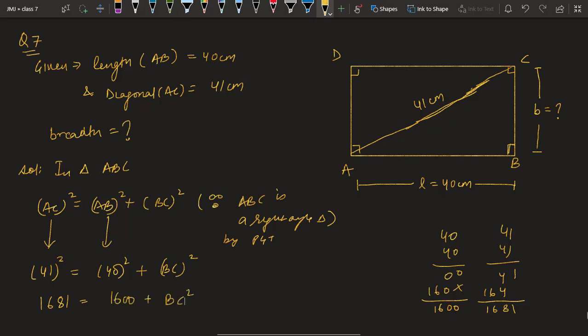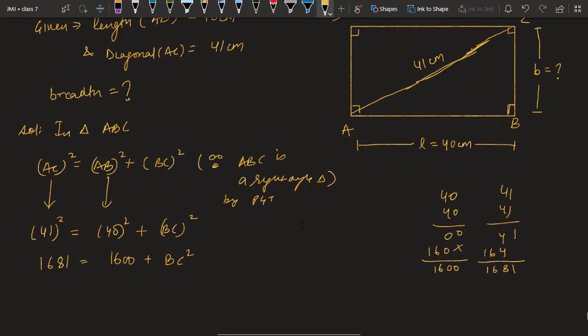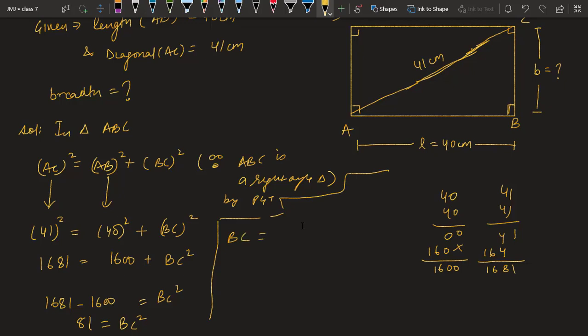Now to find BC, very simple, just make it alone. 1681 minus 1600, that is 81, equal to BC square. Now we all know, to find the length of BC, we just have to take the square root. We will get under root 81 is equal to BC, that is 9.